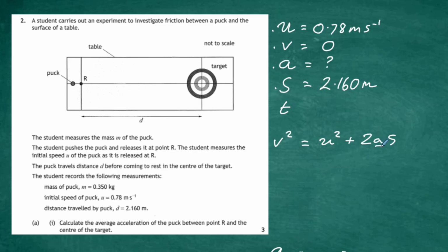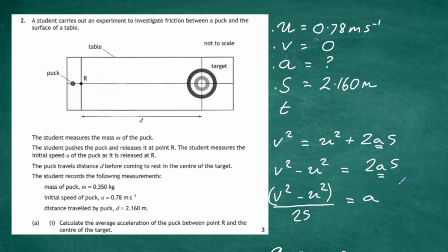Our first port of call is to take u squared over to the other side: v squared minus u squared equals 2as. We want a on its own, so we divide both sides by 2s. So a equals (v squared minus u squared) divided by 2s, and that's going to give us the value for the acceleration.